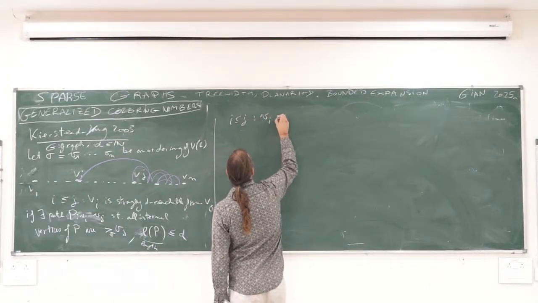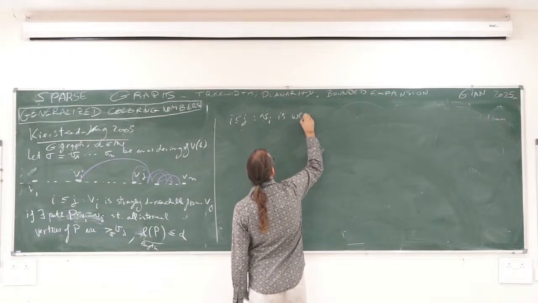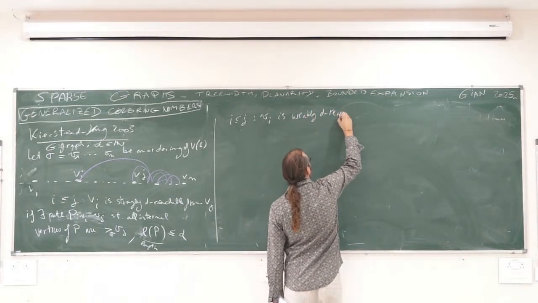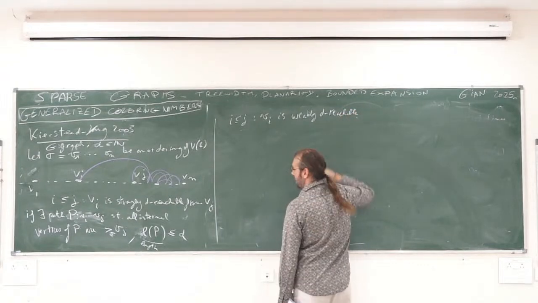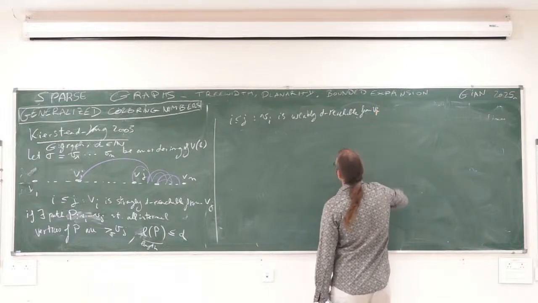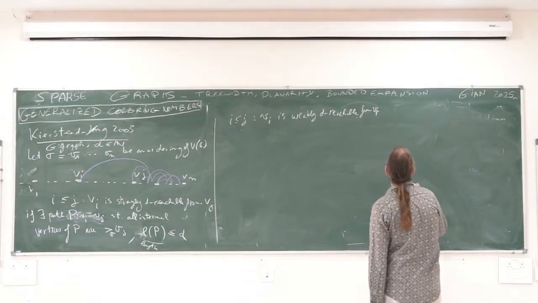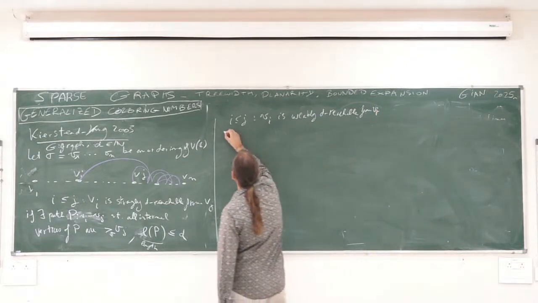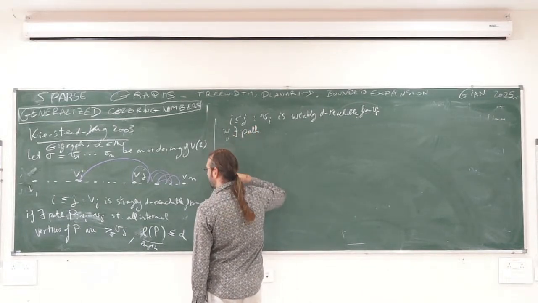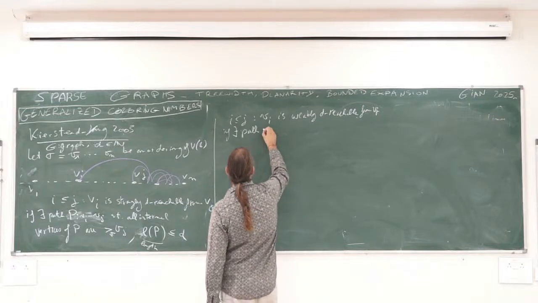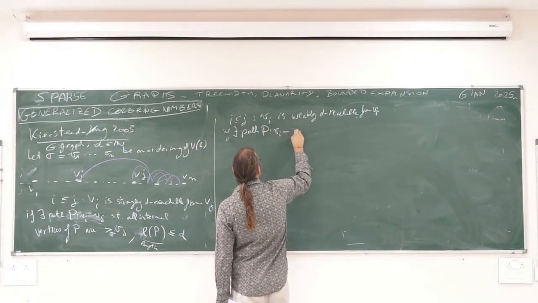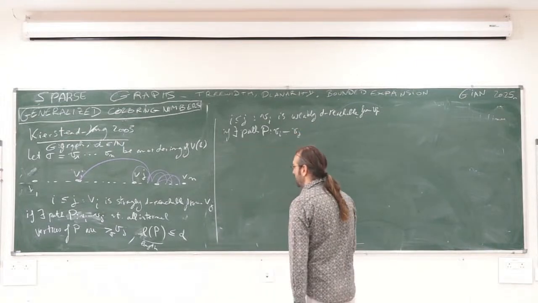We say Vi is weakly d-reachable from Vj if there exists a path, it's almost the same definition, so it's going to be a little bit confusing, but they are quite different.